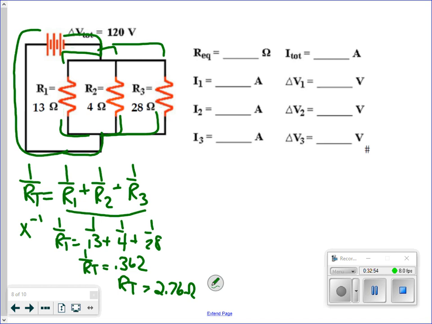Now, a couple of things you should notice here. 2.76 ohms is lower than any of the branches that I have. Any of them. And if I added a fourth branch, guess what? That number would drop. It would be less than 2.76. These are the types of circuits that can cause fire. You can overload them. That's why we have circuit breakers in our house, to make sure that we don't do that.